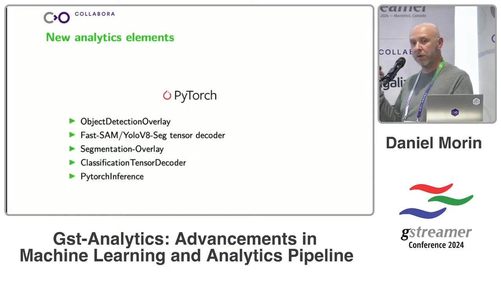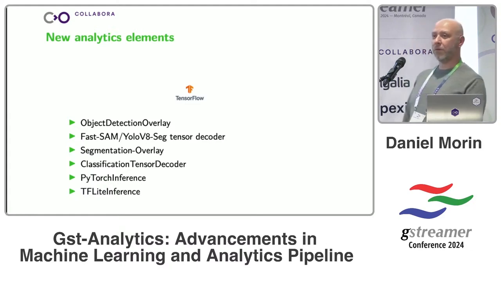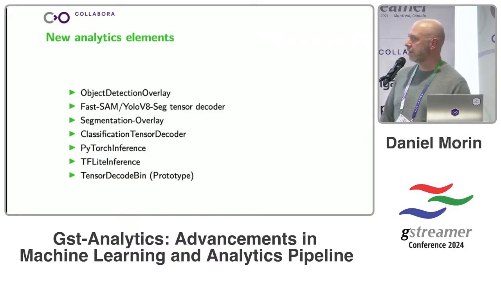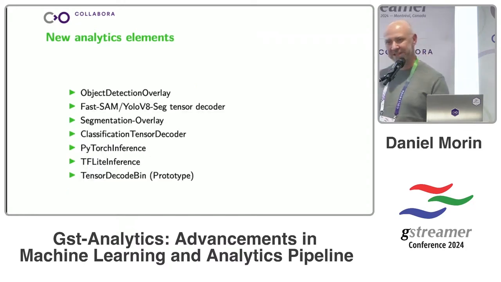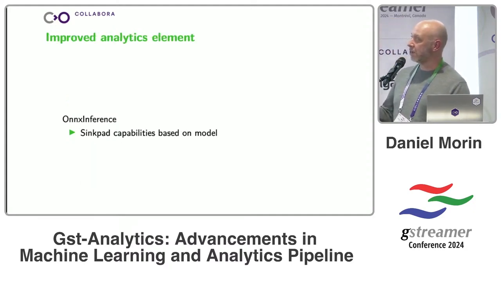Before we only had ONNX inference, now we have PyTorch and TF-Lite inference, which is one of the frameworks that is very popular on embedded devices. And tensor decode bin, which is still a prototype, but very promising. This will bring us to the next topic.